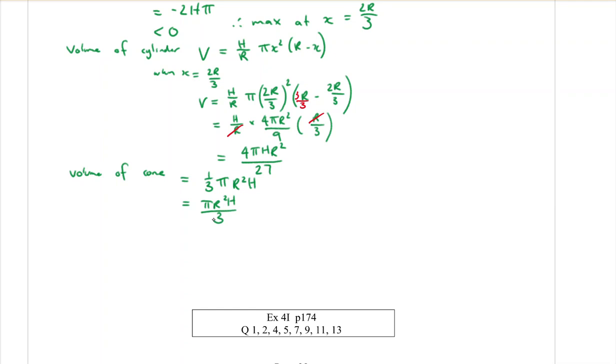So if I want to compare those two volumes, let's see how both of them have got a pi r squared h in them, right? So what I'm going to do is I want to divide the volume of the cylinder by the volume of the cone to see if I can get that 4/9. I'm trying to show that it doesn't get bigger, because that's the maximum volume of that cylinder in there.